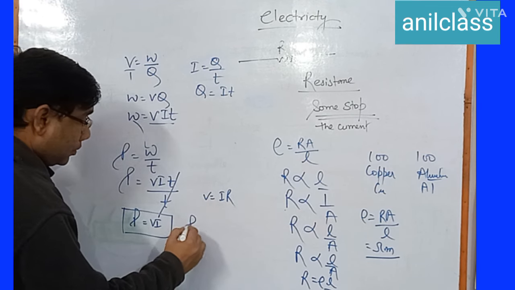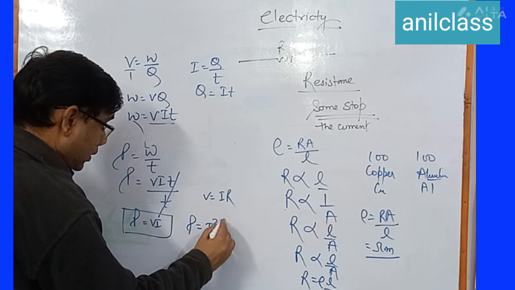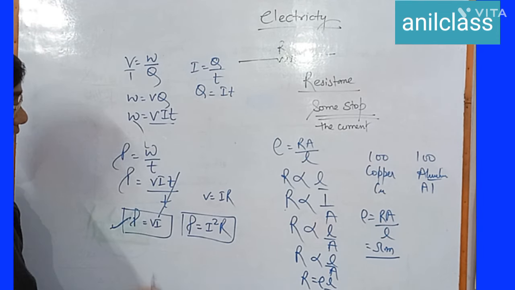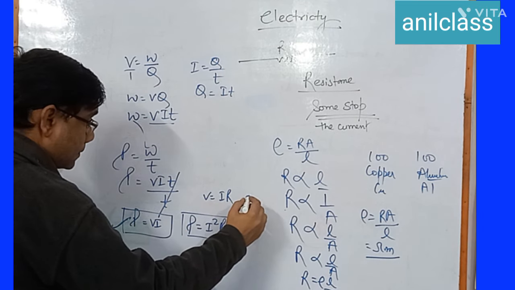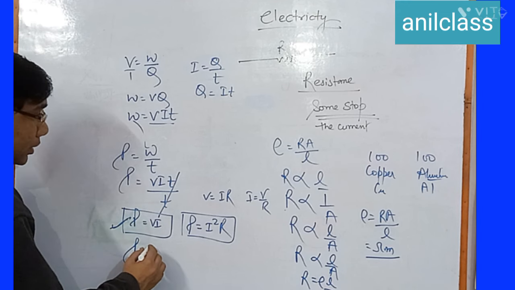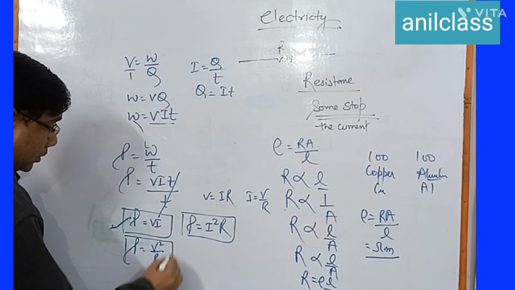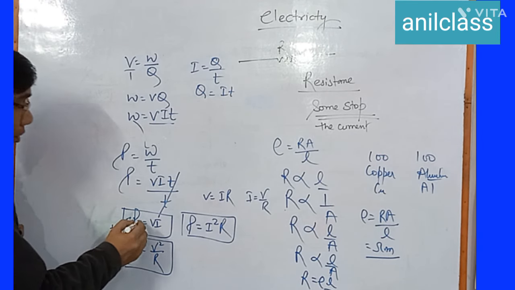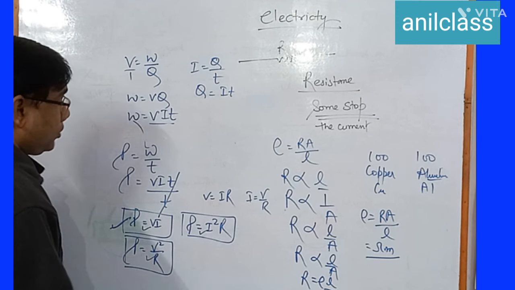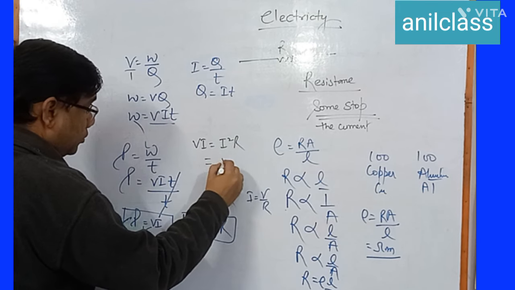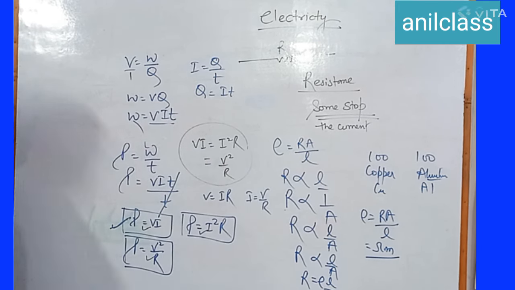Now putting the value, P is equal to I square R. Now the second formula: I is equal to V upon R. Putting the value, P is equal to V square upon R. So you got three formulas of power: VI, I square R and also V square upon R. So that is the power formula.